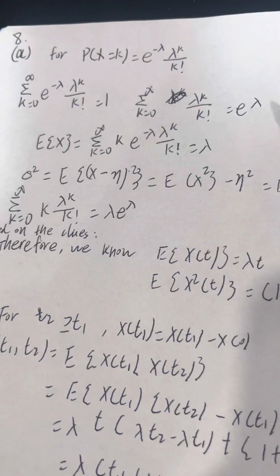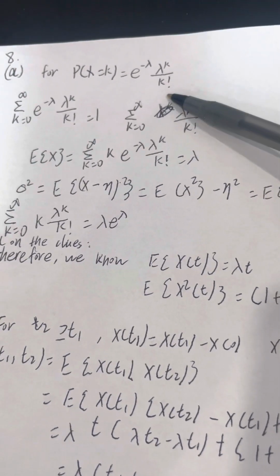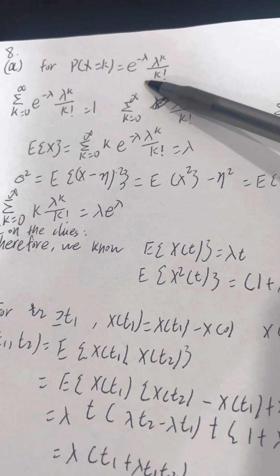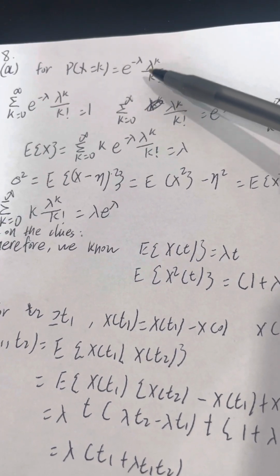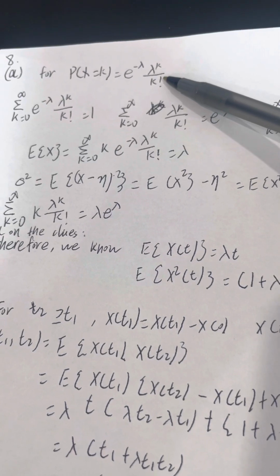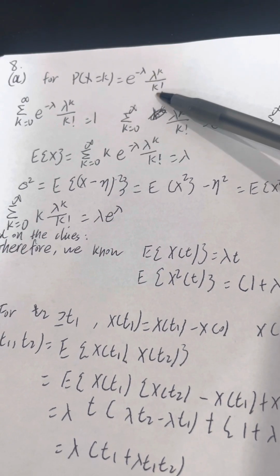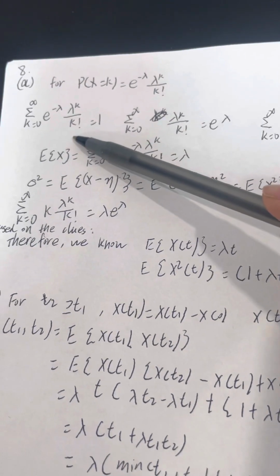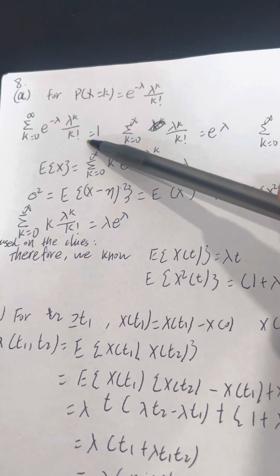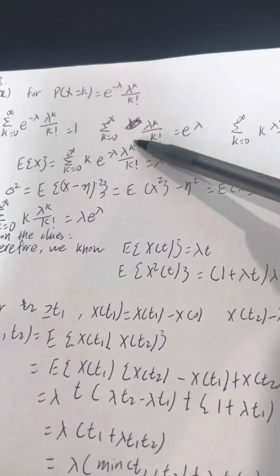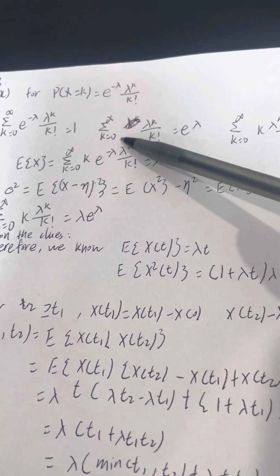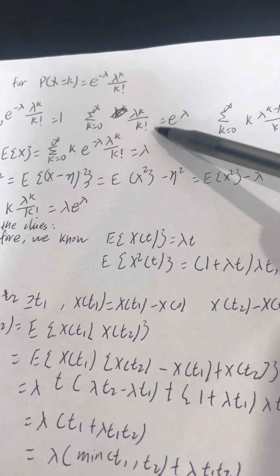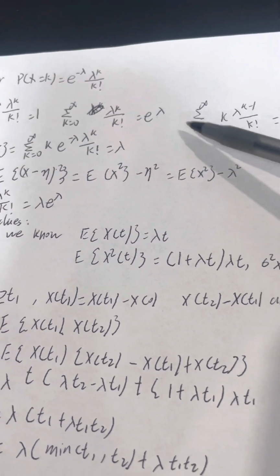From the textbook, we know that P(X = k) is equal to e to the negative lambda times lambda to the k over k factorial, and the summation is equal to 1, which gives the summation from 0 to infinity of lambda to the k over k factorial equal to e to the lambda.